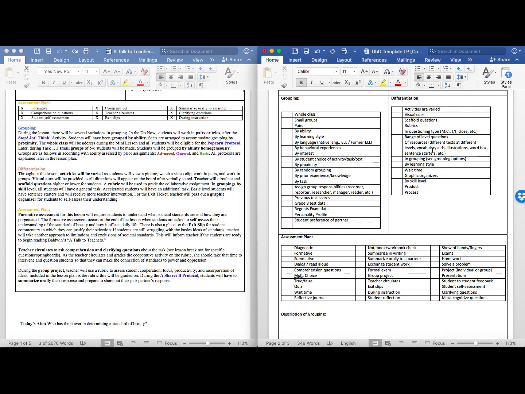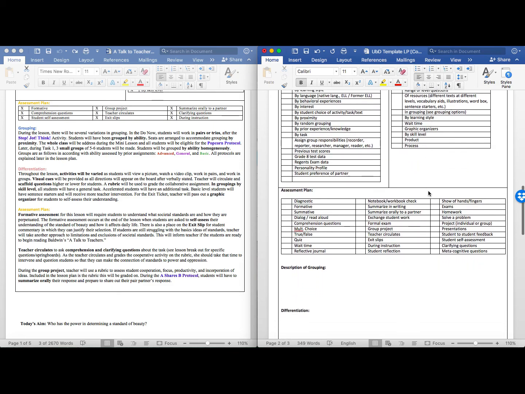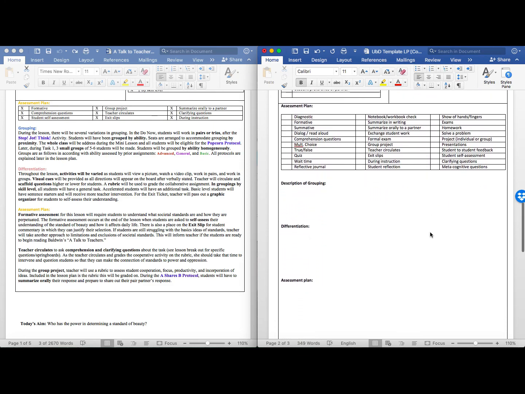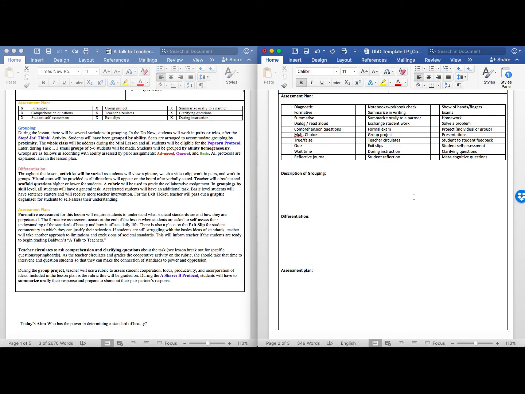All right, as we move our way down this list from differentiation and go towards assessment, you can see that the Danielson Lesson Plan once again gives us boxes of what we should consider when we're thinking about how our instruction is going to be informed, either while we're in the classroom or how we are going to sum up the information that students received and how we know they understood that.